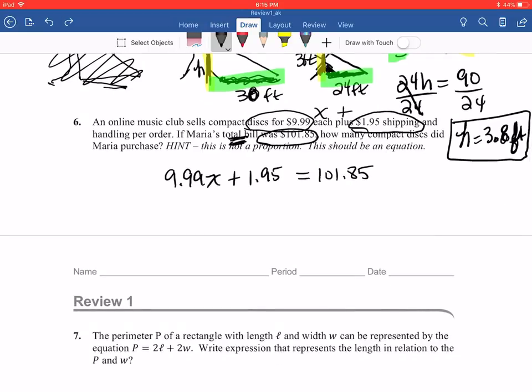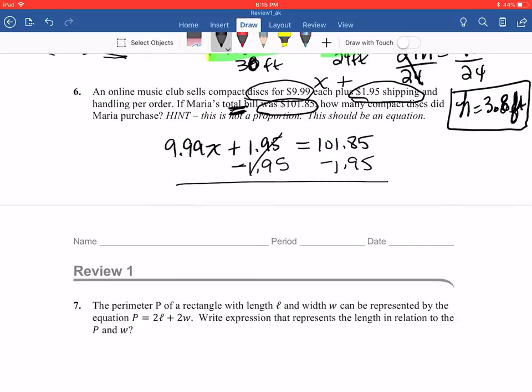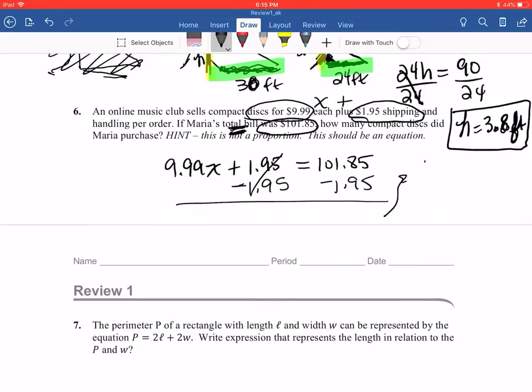And we can solve. We're going to solve for x. We're going to isolate the x. We're going to subtract 1.95. Let me write it over here on the side. So that's going to give me 9.99x is equal to 101.85 minus 1.95 will give me 99.9.